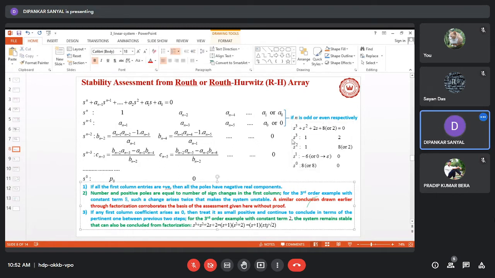So here we see in both the cases we obtain a stable system.